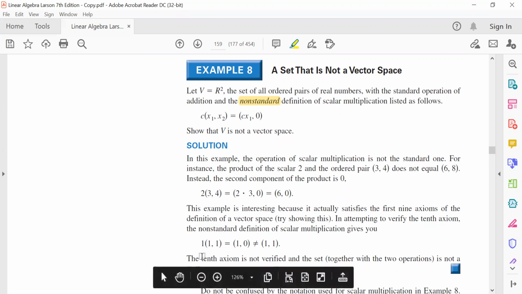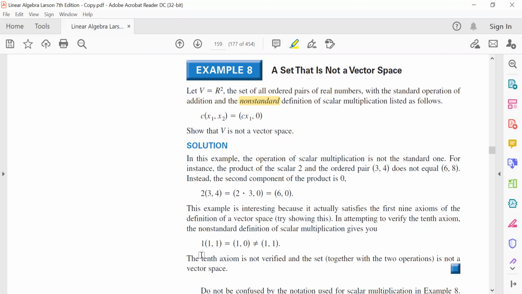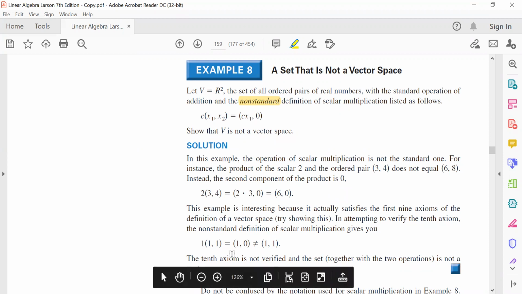The last axiom was that I can multiply a vector by 1 and get the same vector. But that's not going to happen here, because 1 times 1 comma 1, according to the definition we're giving here for scalar multiplication, is going to equal 1 comma 0. And of course 1 comma 0 is not the same as 1 comma 1.